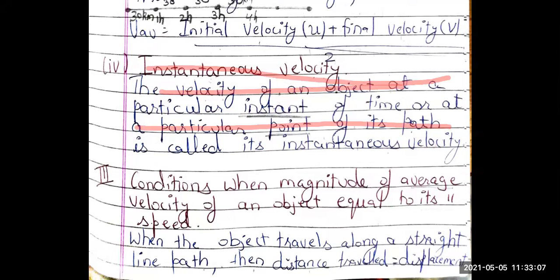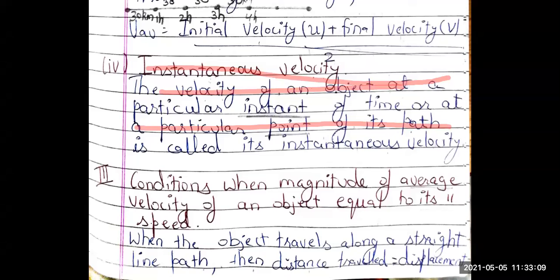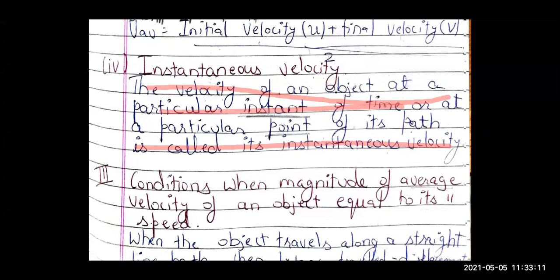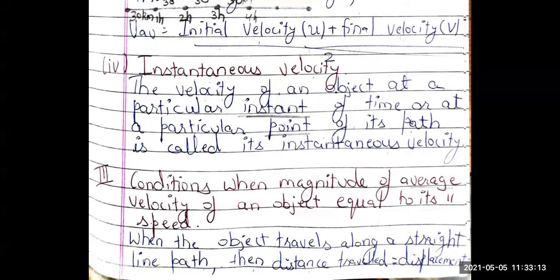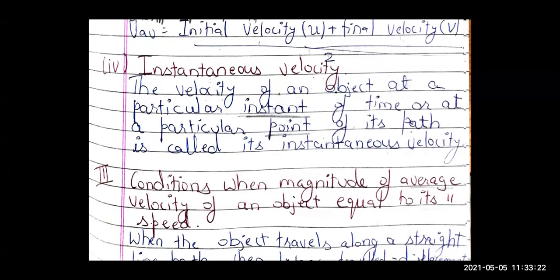Okay. Now let's move to the next point: under what condition, children, will the average speed and average velocity be equal? You know the formula for average velocity and average speed.